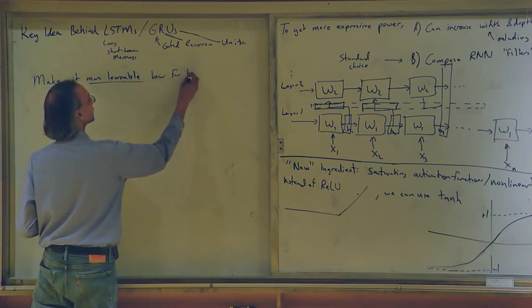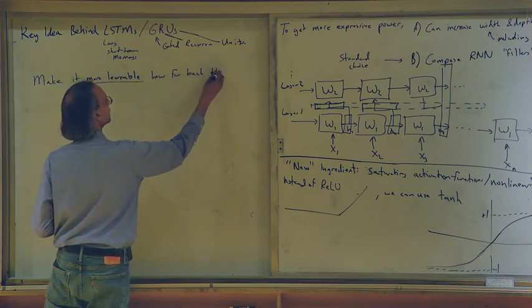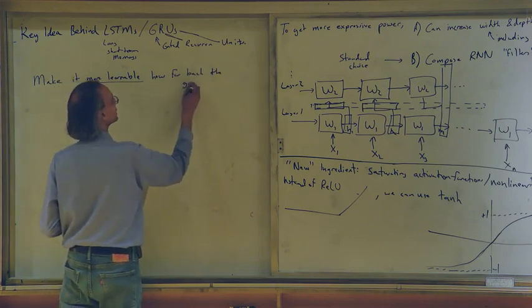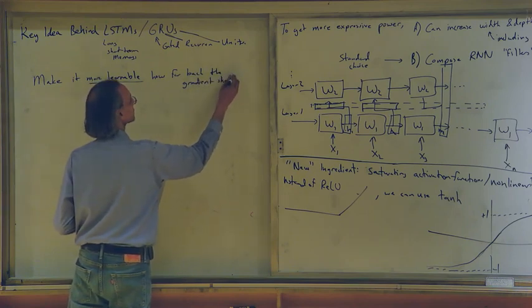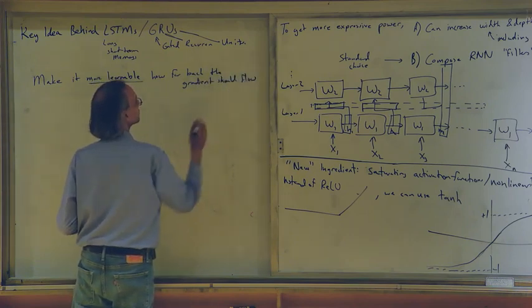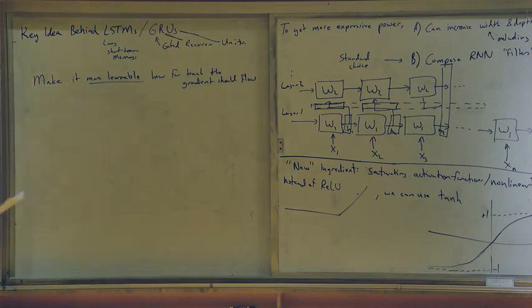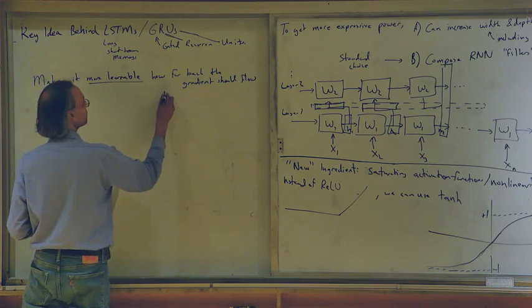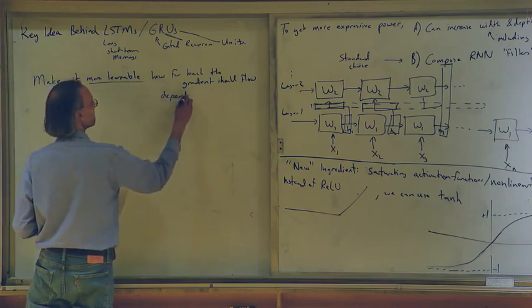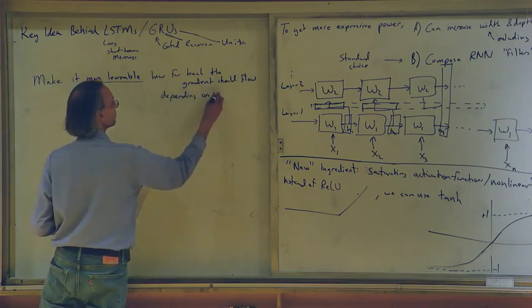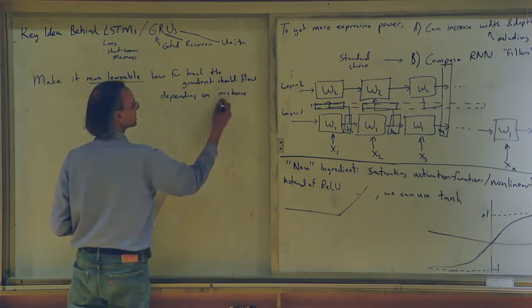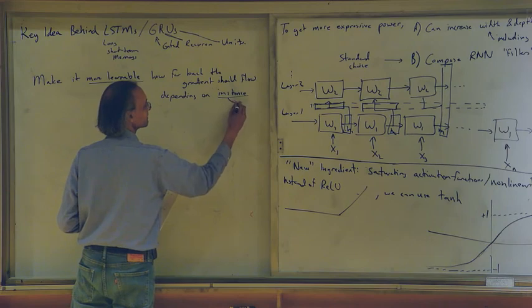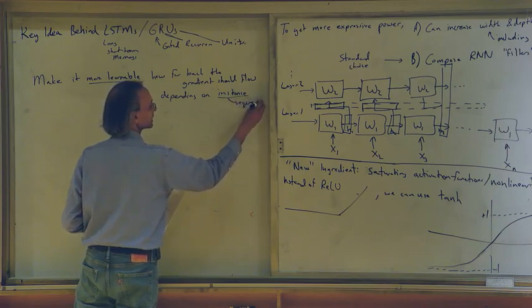How far back the gradient should flow. Right, in a way that depends on the instance. Instance here is instance of sequence. Everything is sequence data.